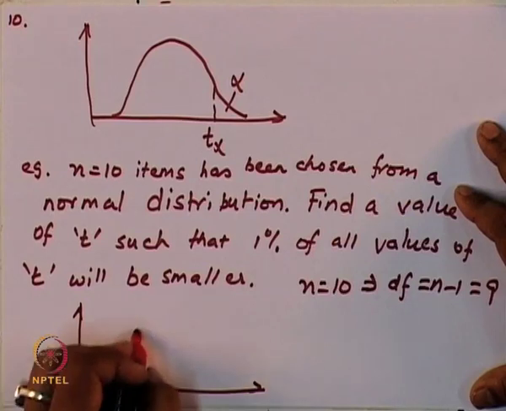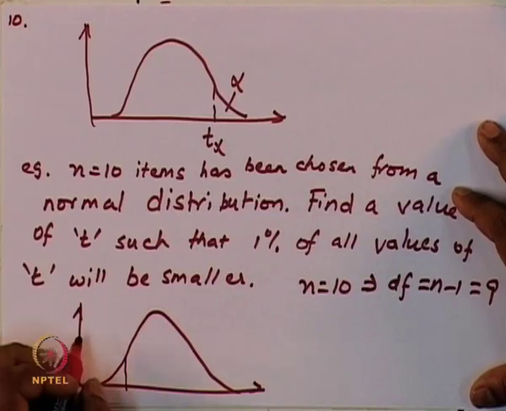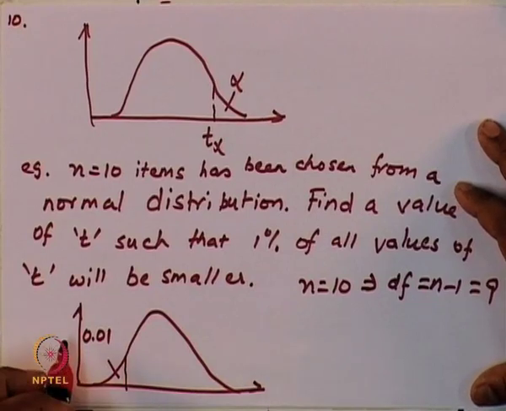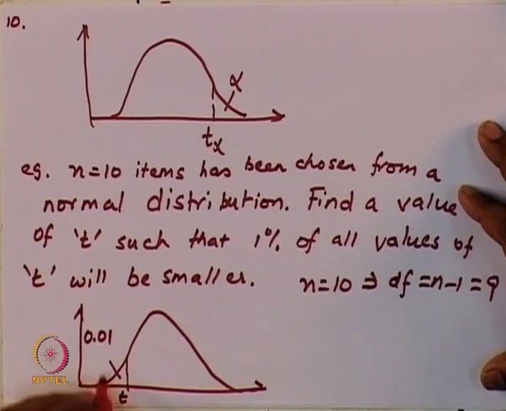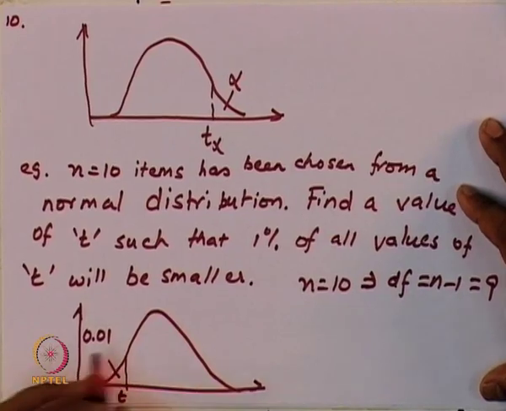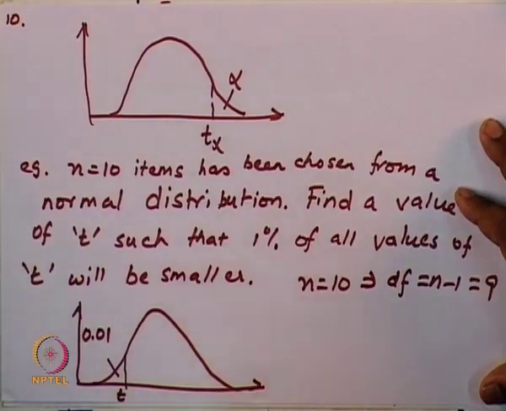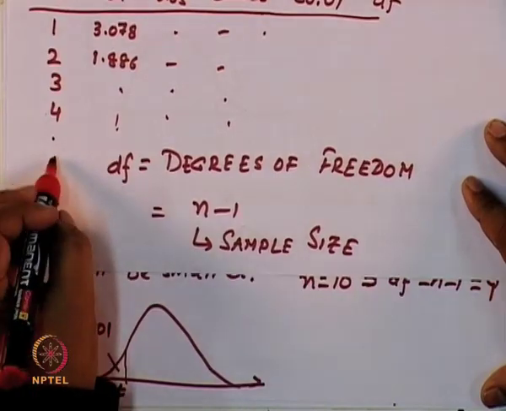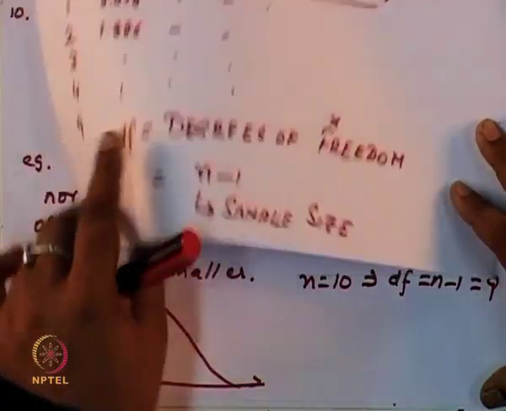If I draw this distribution, 1% corresponds to 0.01. I want to find the value of t corresponding to 0.01 and df equal to 9.